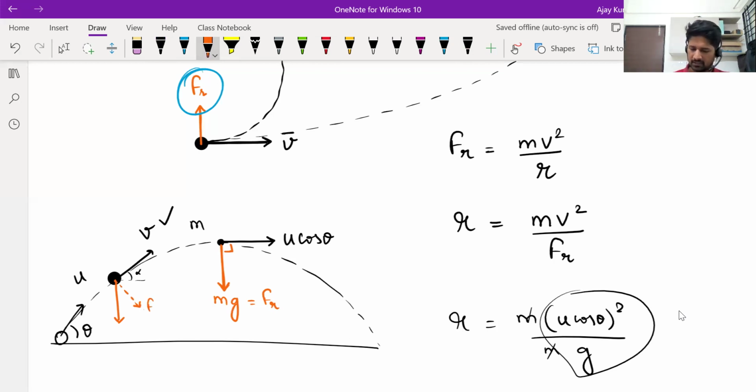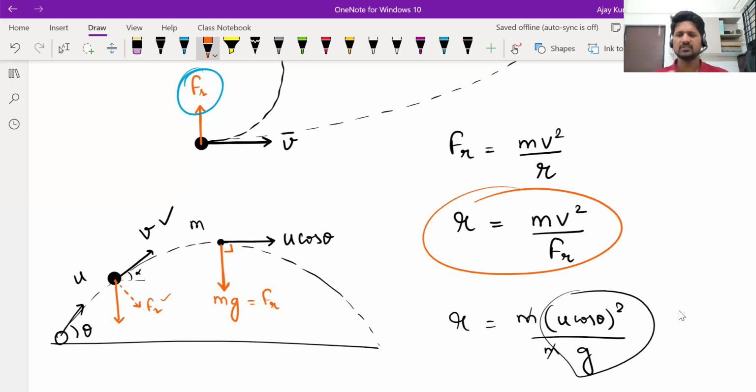Then that becomes the radial force. Once you know the radial force, just use this formula, and you can tell the radius of curvature at that instant also. So this is a general idea. The radius of curvature of an object, whether it's a charge, a ball projected, or a car moving on a road, depends on the force acting perpendicular to its velocity, the radial force. And this is the formula to calculate the radius of curvature.